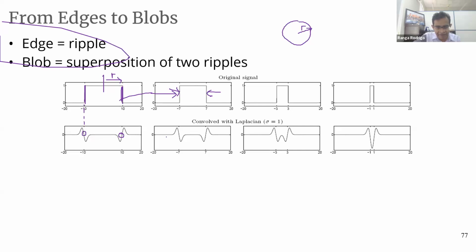When you shrink it, these two blips come closer. If you further shrink it, they come even closer. If you shrink up to some extent, the two blips will merge.